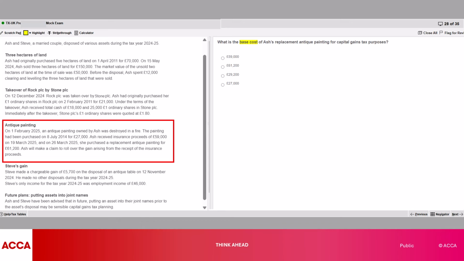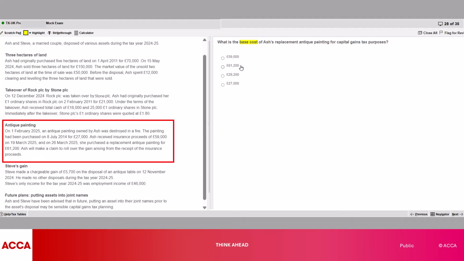Now, without doing any workings, looking at the options that we've got, £59,000 is the insurance proceeds received. So we know that that can't be right. That's the proceeds that we'll use to work out the gain initially. The 61,200 is the cost of the painting without any adjustments.